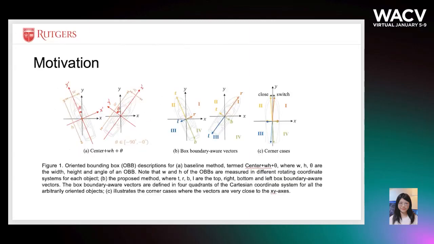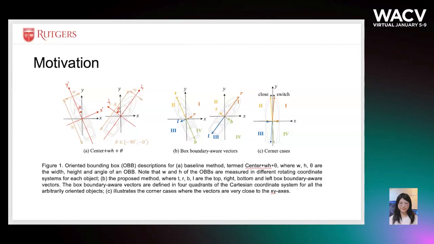CenterNet suggests detecting the object center and regressing the width and height of the bounding boxes directly, which achieves faster speed and comparable accuracy. Intuitively, CenterNet can be extended to oriented object detection by learning an additional angle theta together with W and H, as shown in Figure 1.